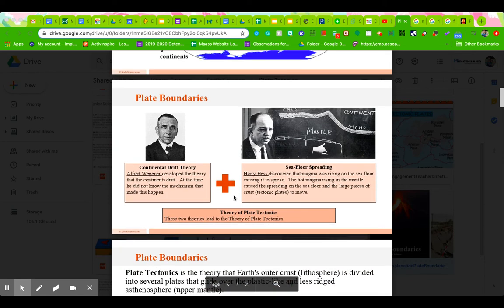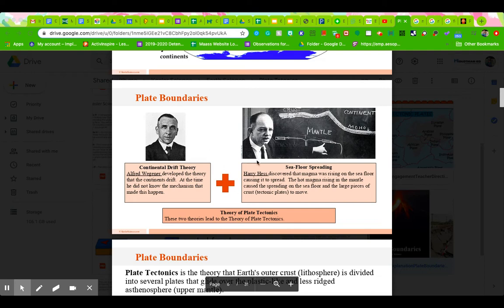Backstory: there was a gentleman named Alfred Wegener, and he developed the theory of continental drift. He saw that plates on Earth were moving, but he didn't really know how it happened.